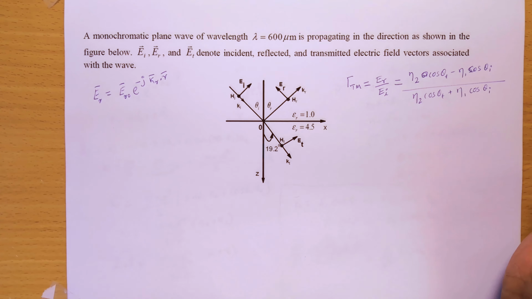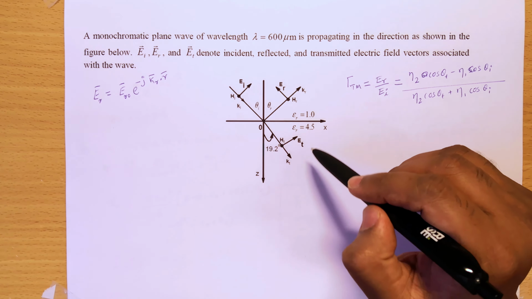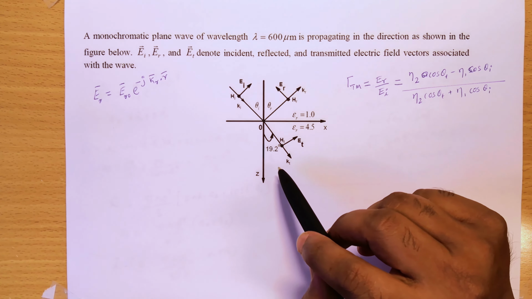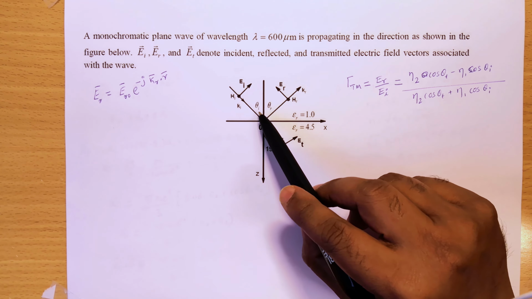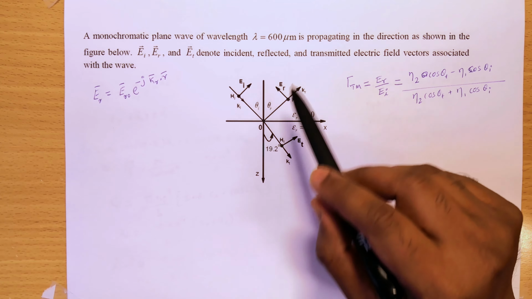From the given problem, we know theta t, the transmitted angle, and we know theta I from the previous calculation, since it's linked to the previous question.